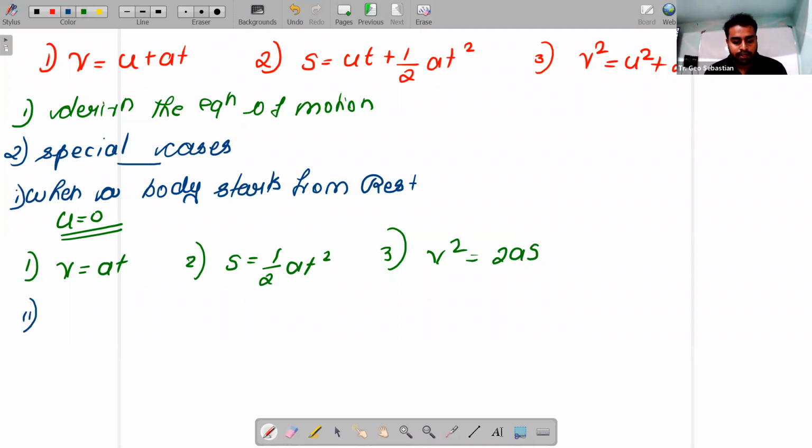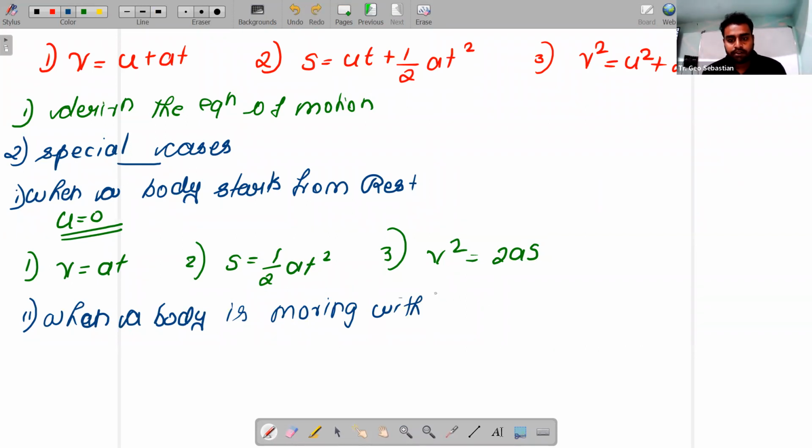Now we are going to talk about the second case. When a body is moving with a uniform retardation. Children, uniform retardation or retardation means your acceleration will be negative, right?